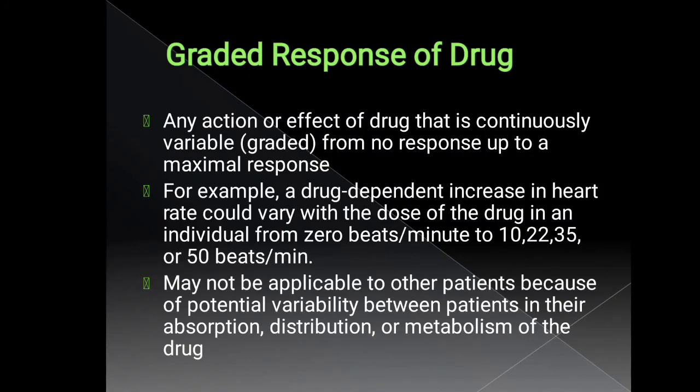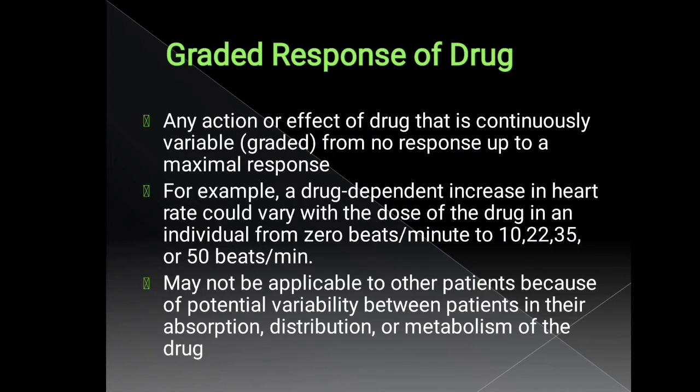Now there are two types of responses. First is the graded response of the drug. Any action or effect of a drug that is continuously variable, graded from no response up to the maximal response. As the name indicates, graded, so it is variable.